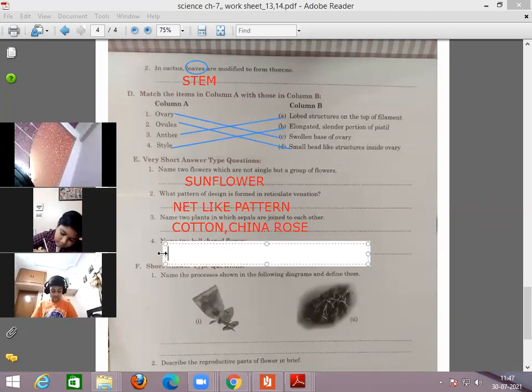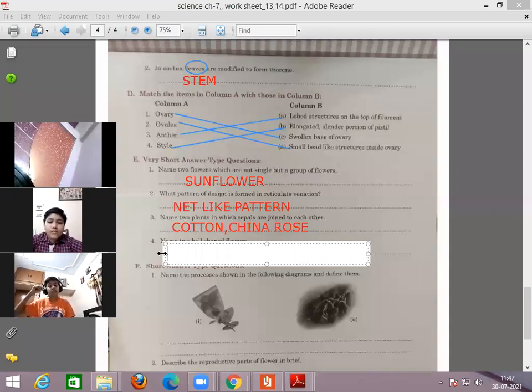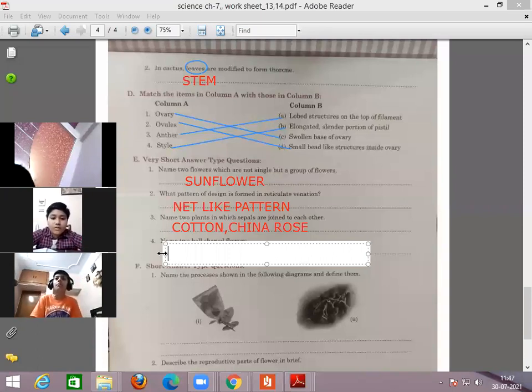Next, name two bell-shaped flowers. Excuse me, ma'am. Yes, beta. Ma'am, can Mogra also be answered? Yes, beta, you can write down. Okay, so bell-shaped are, first is, are you having any idea? Foxgloves.